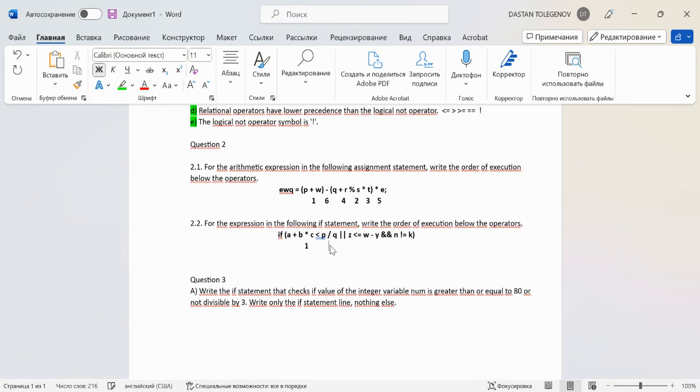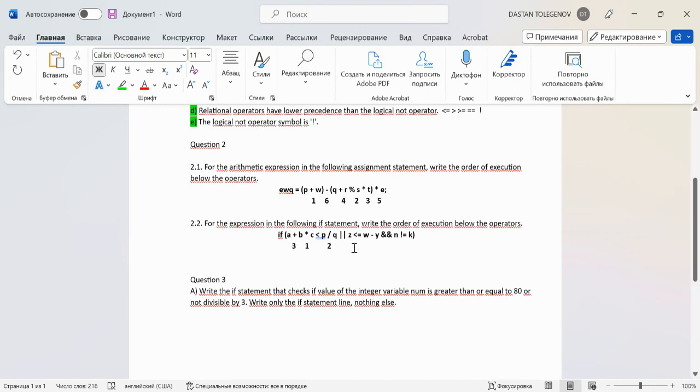Also, with those operators like multiplication, division, and modulus, when you see them in the same line or in the same question, you have to work from the left side to the right side. So that's the order. So the action three is going to be addition.